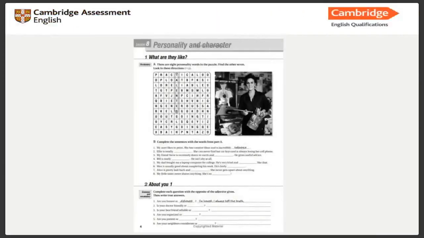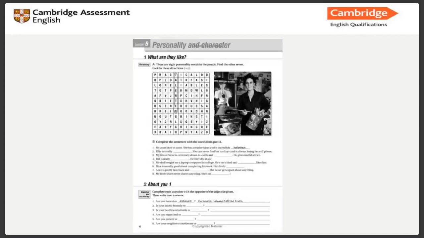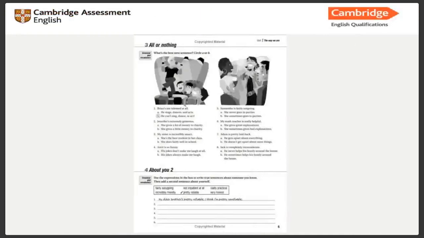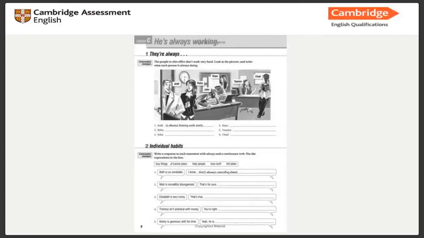Though the workbook provides extra reading and writing activities, it does not have listening activities at all, and so you will have to include such activities while teaching the students in class. The focus is on grammar, vocabulary, and conversation strategies.